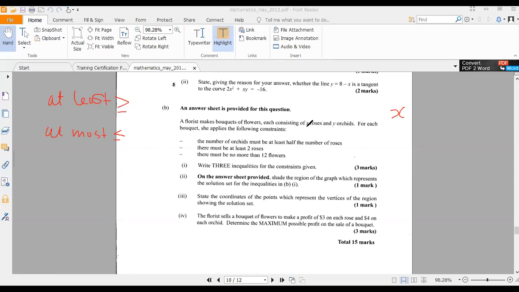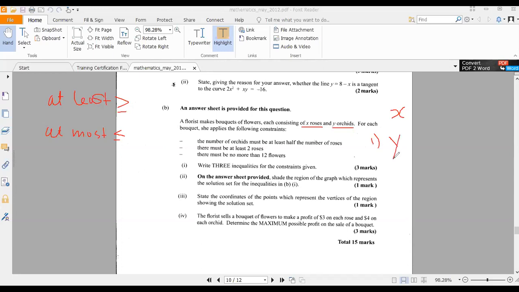Orchids. So look at it. These are the key things. X, roses, and what? Orchids. Now, which one did they mention first? The number of orchids, right? So the first inequality we are going to write is going to be Y, right?